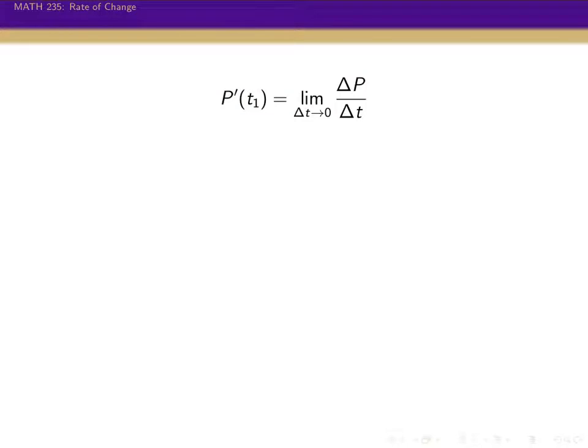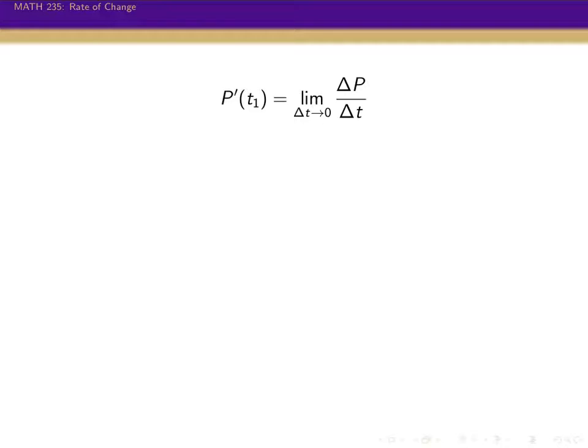Okay. And so, going back to how would we get this value for the derivative of the population function? Well, P prime of t1, again, this would be the limit of the average rate of change. So the instantaneous rate of change is equal to the limit of the average rates of change as delta t goes to 0.